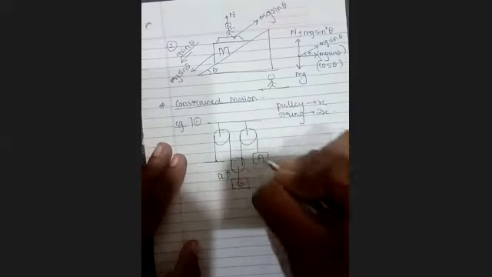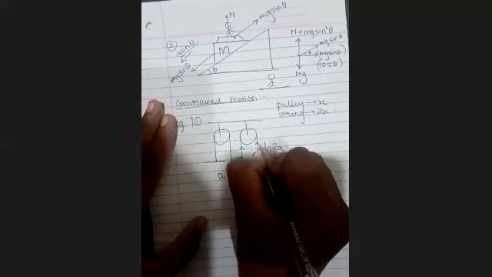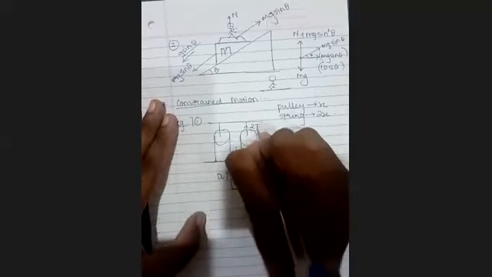This is block B. If this block moves with acceleration A, the strings will move with 2A. When the pulley moves with A, the strings move with 2A, and as a result this block will go down with 2A. Now if the tension in the string here is T, then the tension in the string here will be 2T.